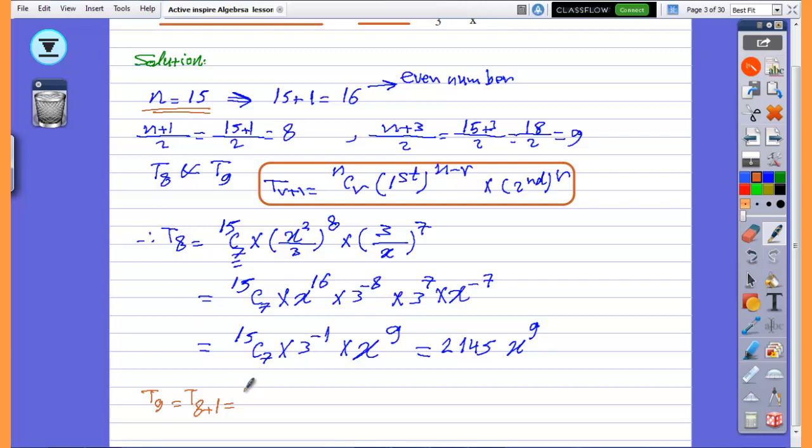So we write 15C8 multiplied by the first term, x square over 3, all power 15 minus 8, multiplied by the second term, 3 over x, where the power here is 8.